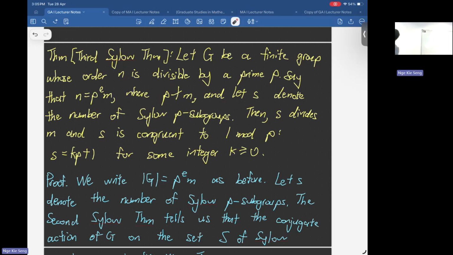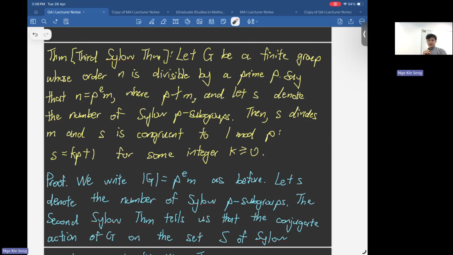In this proof they use conjugate action on the set of Sylow P subgroups. And then they use the counting formula, and they use the Sylow theorem also.